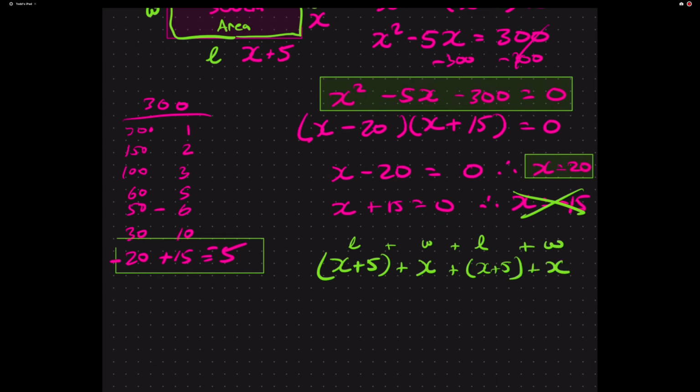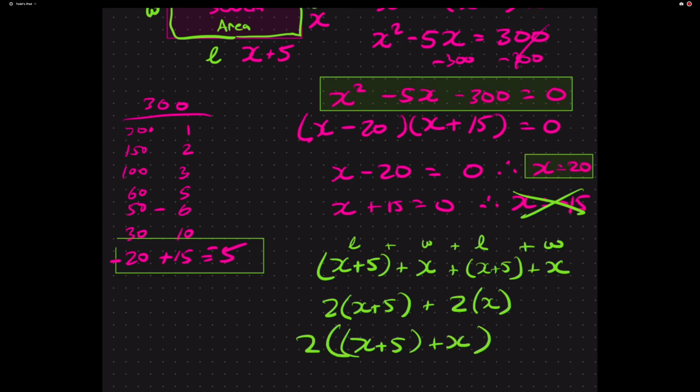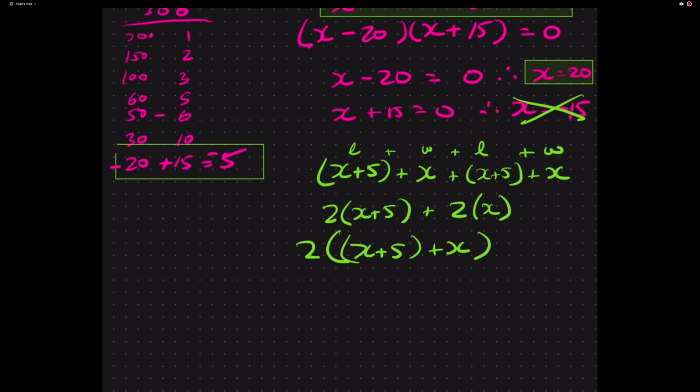Now there are obviously faster ways of doing this. I can set this up as 2 times x plus 5 plus 2 times x. Or I can set this up as x plus 5 plus x and multiply the whole thing by 2. Either way, whichever way you set it up, we still need to substitute this x with a number, which we calculated to be 20.